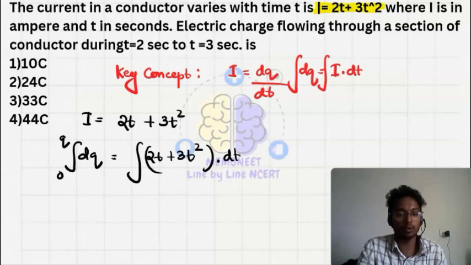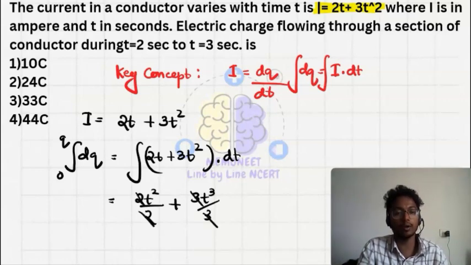This will be equal to 2t square upon 2, on integrating t we get t square upon 2, plus 3t cube upon 3. So 3 and 3 cancel, 2 and 2 cancel, and our upper and lower limits are from 2 second to 3 second.